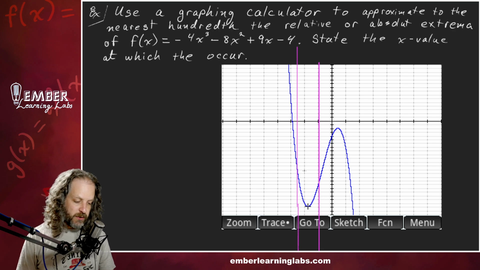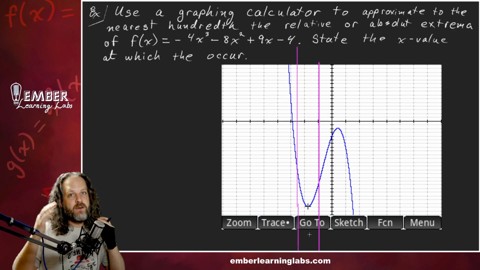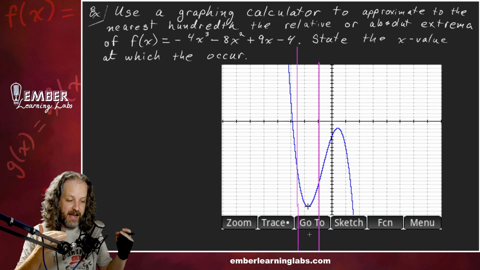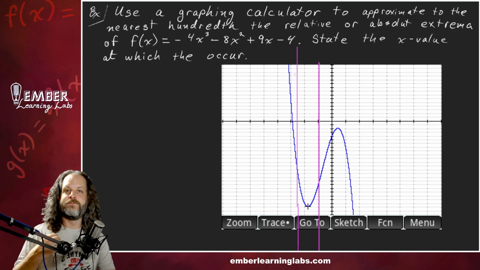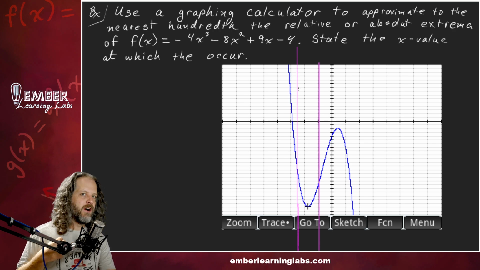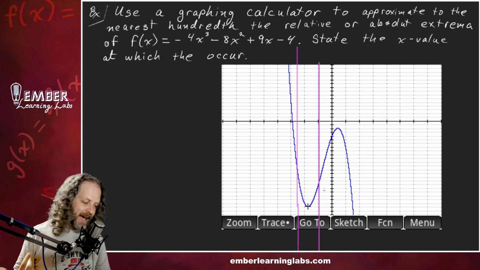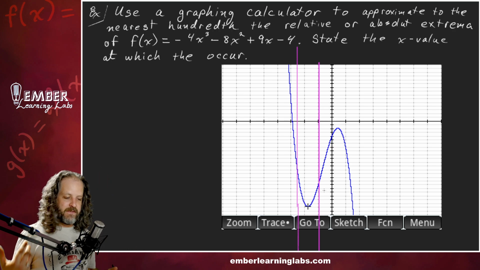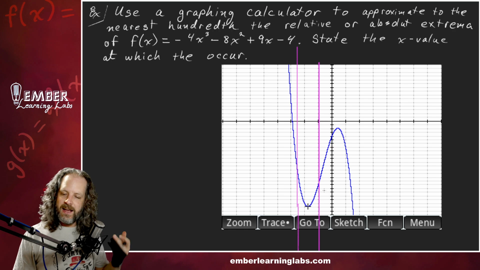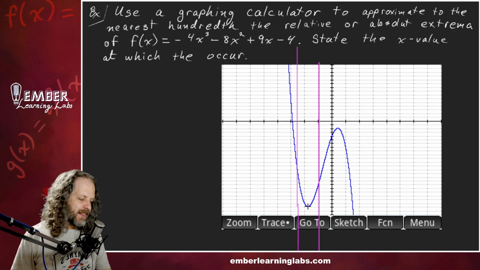What it's doing is asking where you want to find this local minimum. You're saying, I want to find it between this point and that point. That is typically what you're going to do on a lot of graphing calculators, not the one I'm showing you.